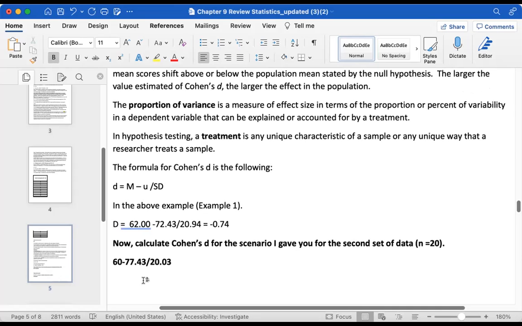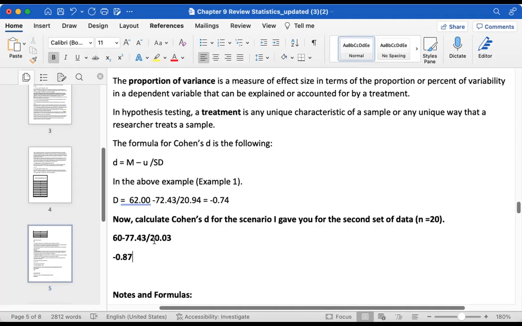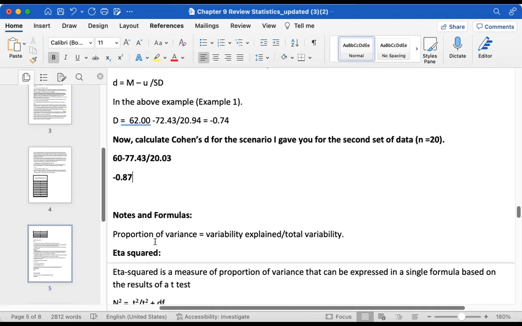So you take 60 minus 77.43, divided by 20.03, and you should have negative 0.87. Is that about right? It'd be negative 0.87. Does that make sense, where I got all the numbers from?